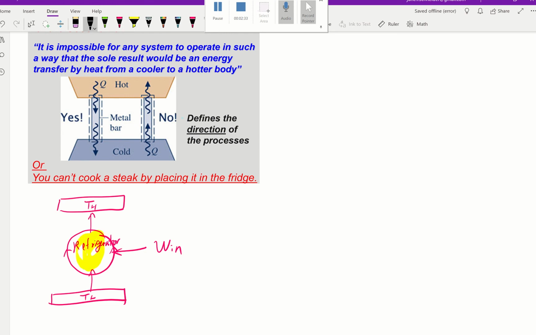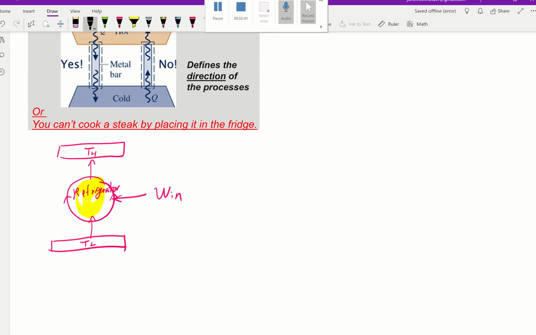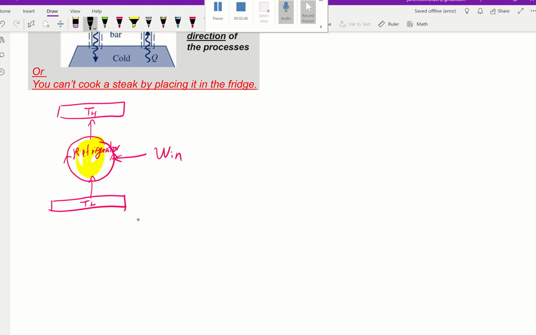So what's exactly happening inside this refrigerator that makes things happen? We're going to draw this. Start with a compressor. If you look at your refrigerator, there's always a compressor motor at the bottom. So we draw that first; that's going to be our compressor.